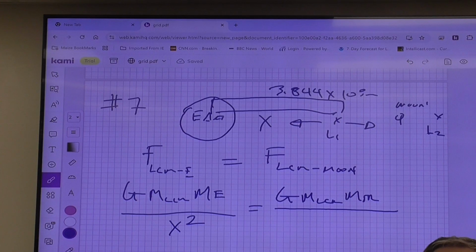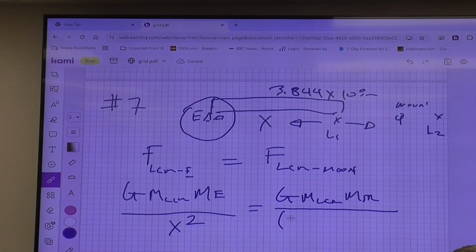Yeah, that 3.844 is the distance from the Earth to the moon, not to the Lagrange point. The total distance minus x. So what's left over is the total distance minus that first distance. Makes sense? Okay, cool.